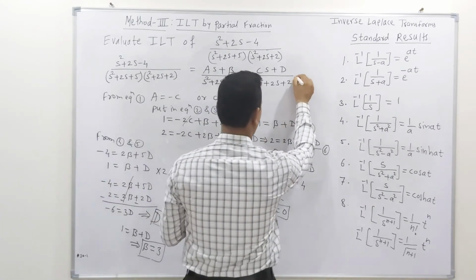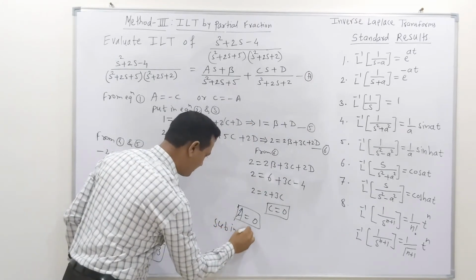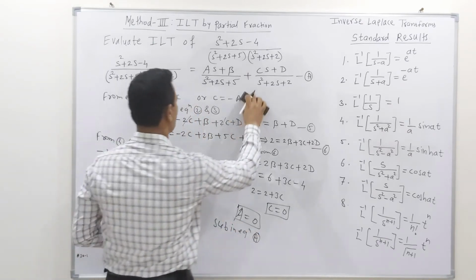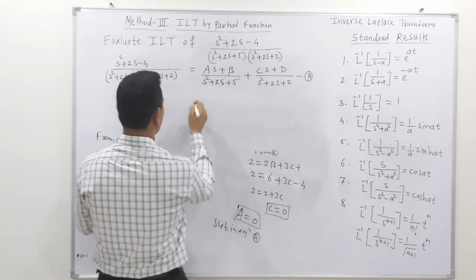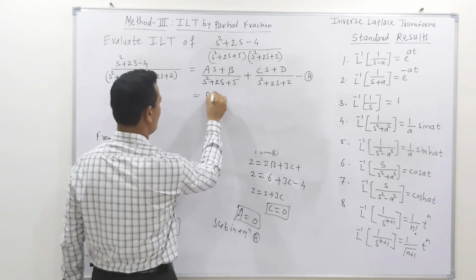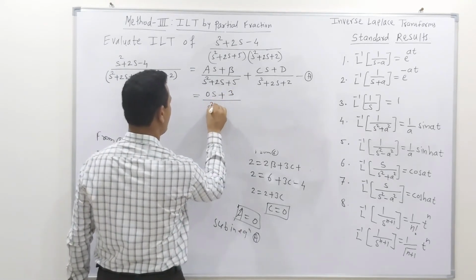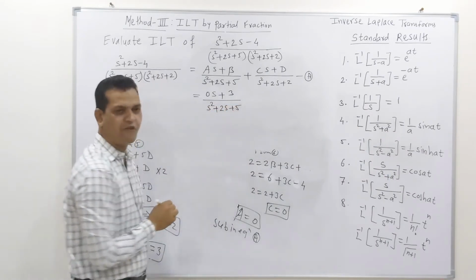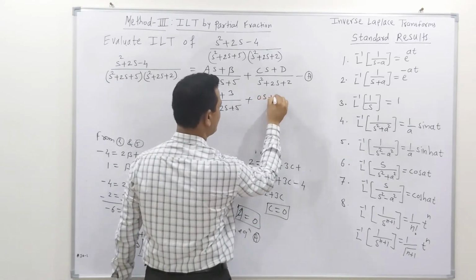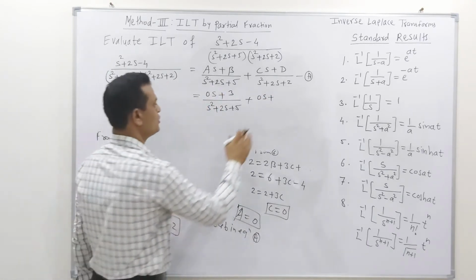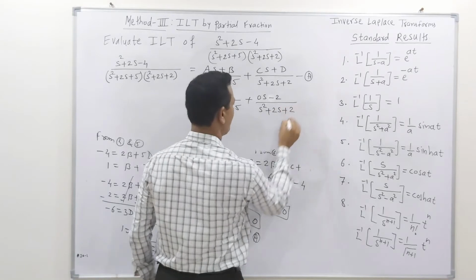Let's call this equation A. So substitute all these values in equation A. After putting them in, we get 0s plus B, B is 3, so 3 divided by s square plus 2s plus 5, then plus 0s plus D, the value of D is minus 2, so minus 2 upon s square plus 2s plus 2.